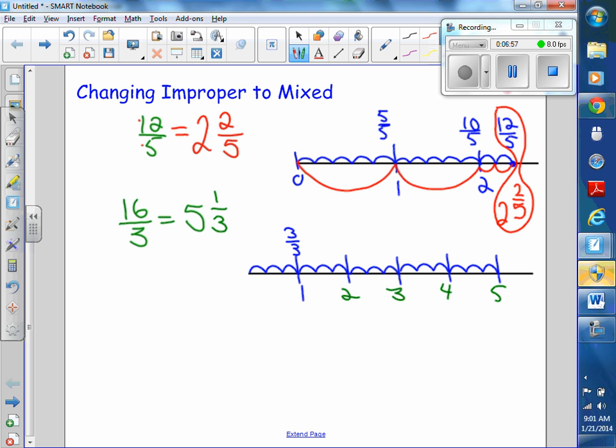This is counting by 3s. 6/3, 9/3 is 3, 12/3 is 4, 15/3 is 5. So we have to do one more jump to get to 16/3. That is right here. And that's the mixed number 5 1/3. All right? So we'll make that a short little video.